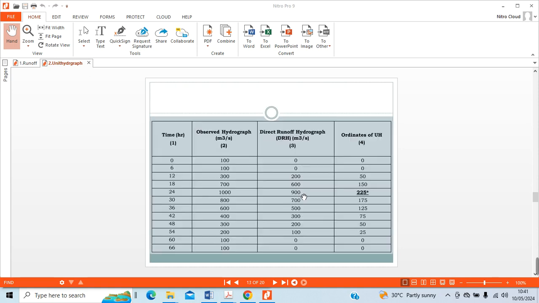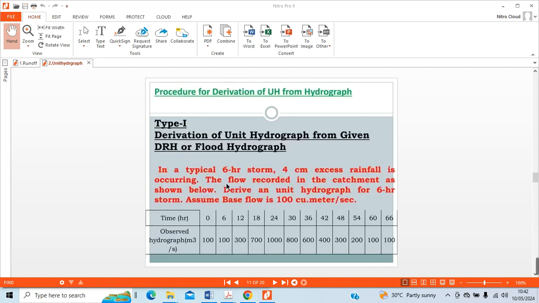So you divide 0 by 4, 0 by 4, 200 by 4, 600 by 4, 150, 225, 225, 175, 125, 75. This is a very simple calculation. I may ask a question in exams, so study this one well.